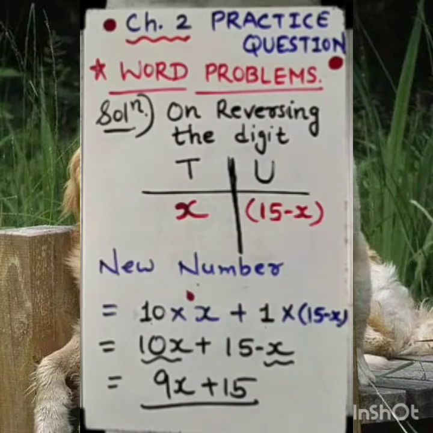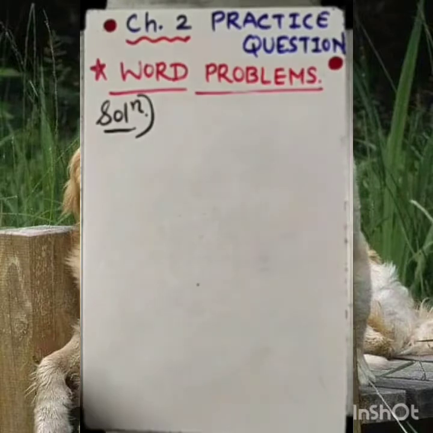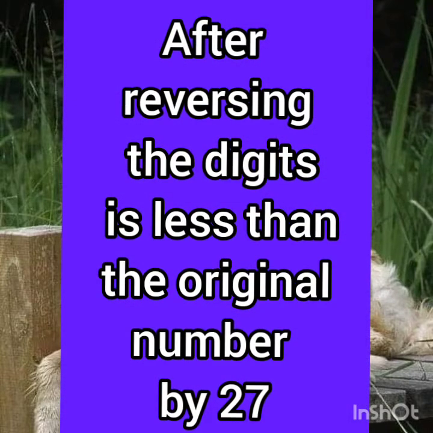Fine. Now let's work on the second line, what we are given, before we form the linear equation. So dear student, I am reading the second line. We are given that after reversing the digits, it is less than the original number by 27. What does it indicate?